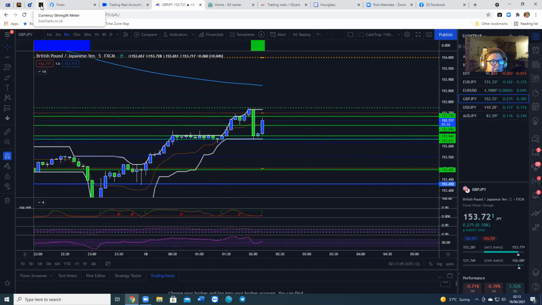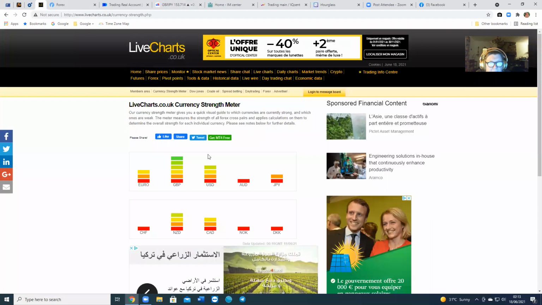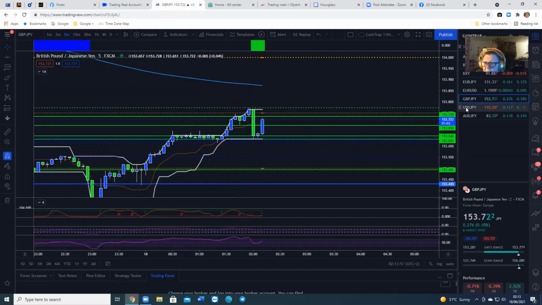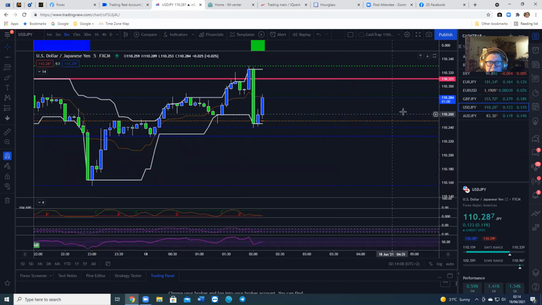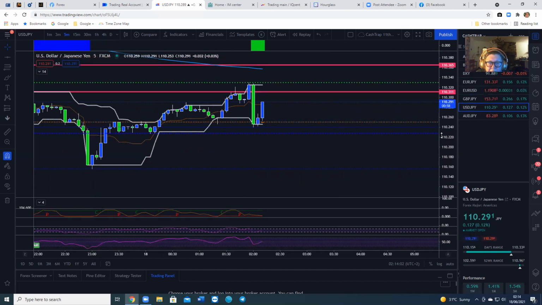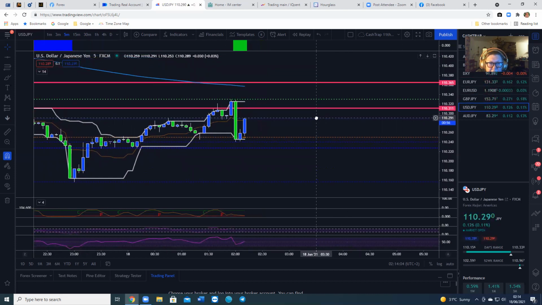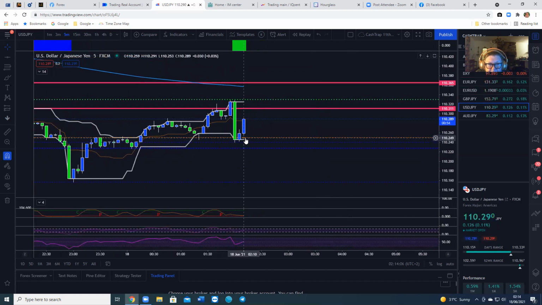So let's see what that looks like on currency strength meter. It's a lot stronger, but you can see the Japanese yen has just started to gain some strength. USD JPY. Again, it's come off that level.